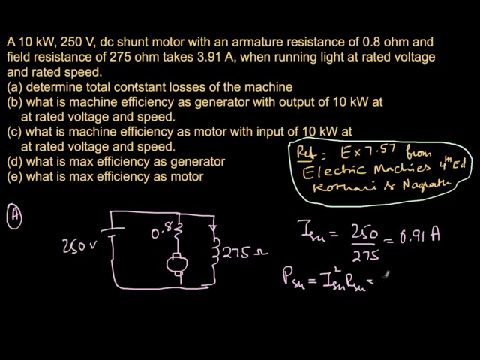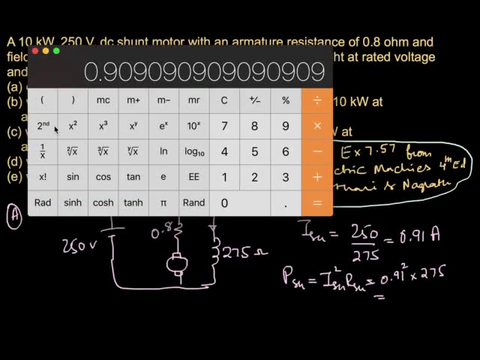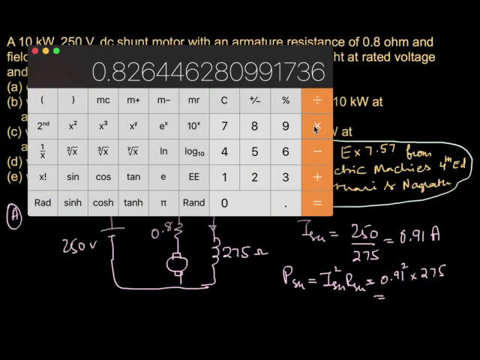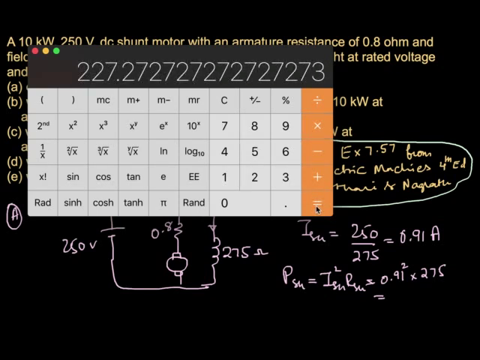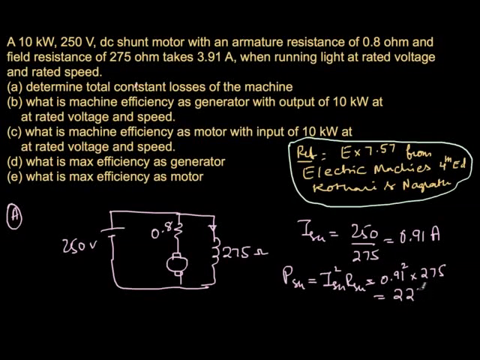So that's nothing but 0.91 square into 275. I'll just square this and then multiply it with 275. So 227.27, or I'll just round it off to 227.3 watts. So first step what I did is calculated the shunt copper losses.